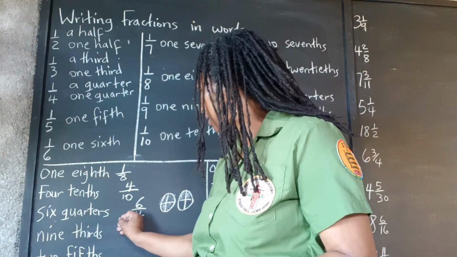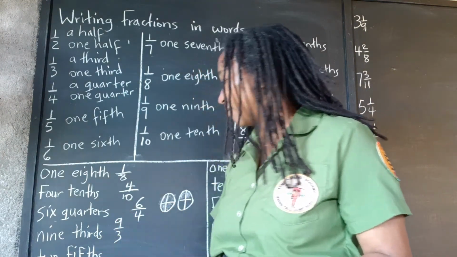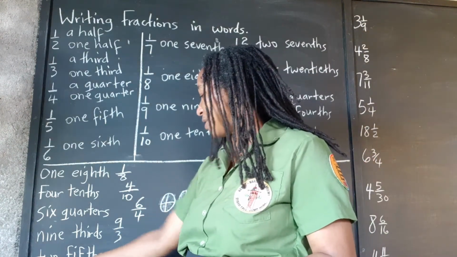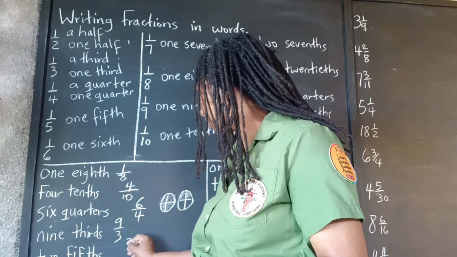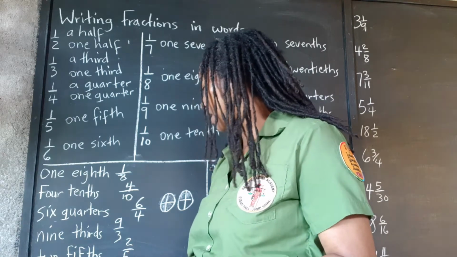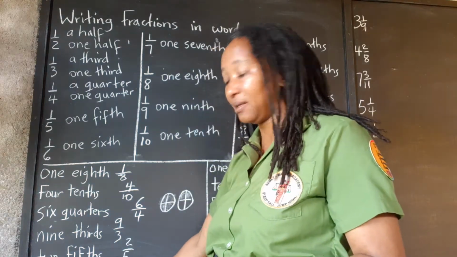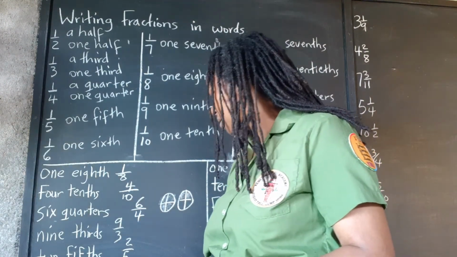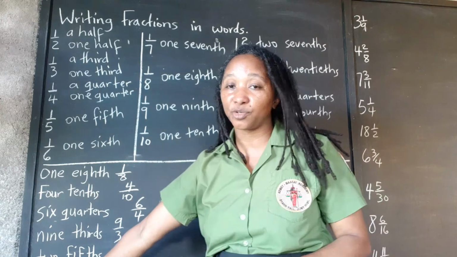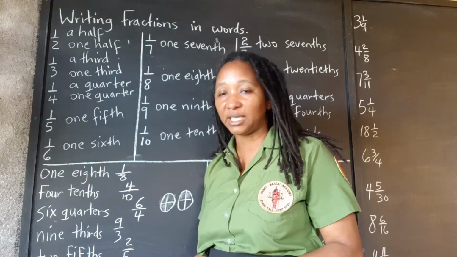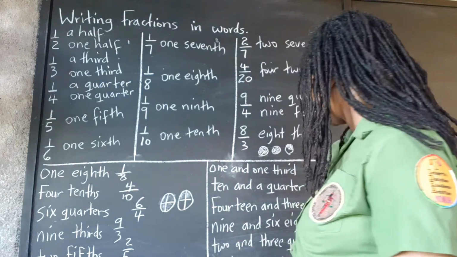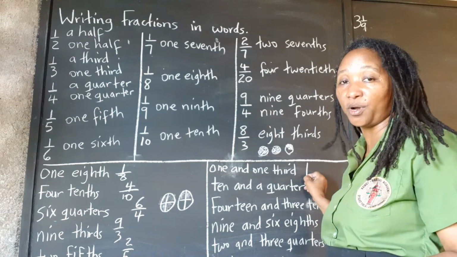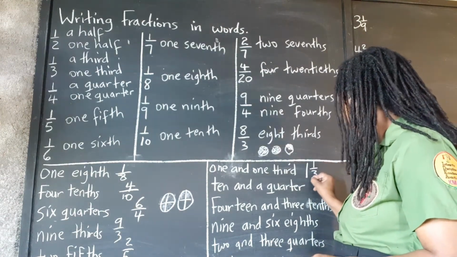Nine thirds, another improper fraction, 9/3. Two fifths, 2/5. Eleven twentieths, 11/20. 11 as the numerator, 20 as the denominator. The numerator is written first, followed by the denominator. 11/20. One and one third. 1 as the whole number and 1/3.